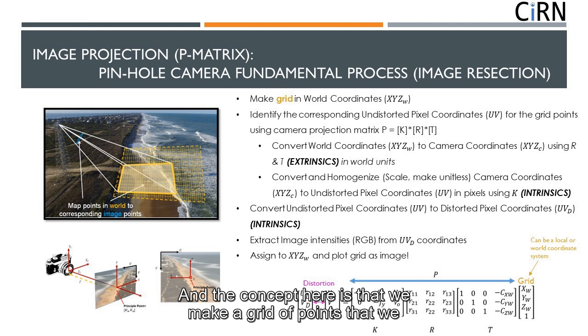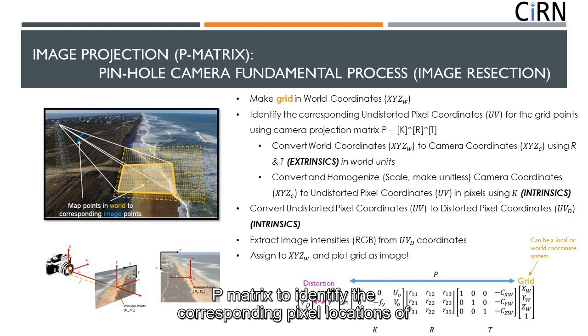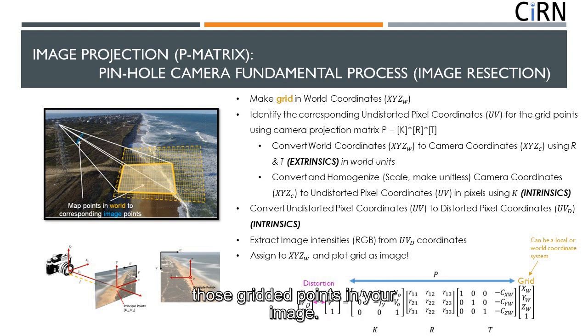And the concept here is that we make a grid of points that we think are in our camera field of view, and then we use the camera P matrix to identify the corresponding pixel locations of those gridded points in your image.